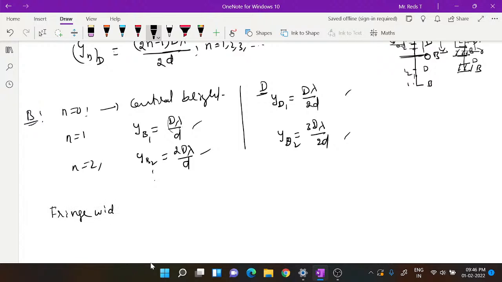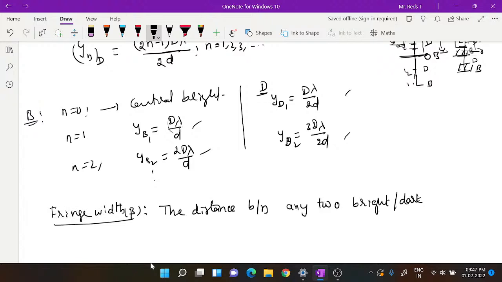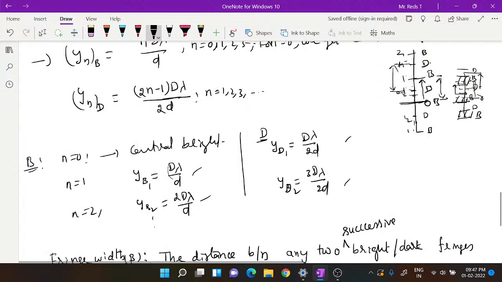Fringe width is the distance between any two successive fringes or bands. Use the word successive. What is the meaning of successive? If you consider any two bright fringes, the central bright and the next bright you come across, the distance between these is what counts, not between the central bright and a bright further away.